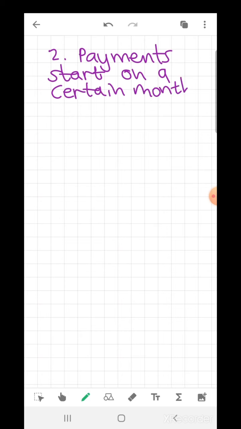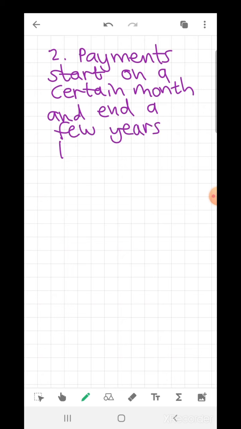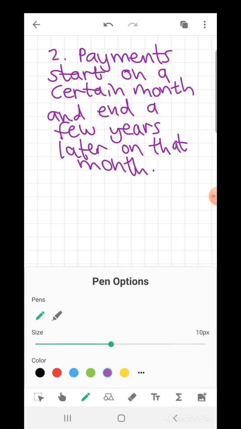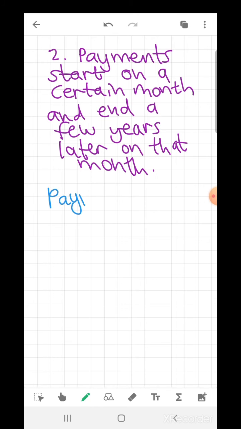It should actually be payments start in a certain month. But anyway, this is not an English lesson. Start on a certain month and end a few years later on that month.